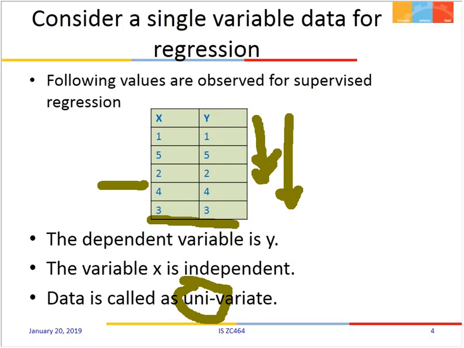So univariate data is the one where we have a single environment variable x, which has its effect on y, right? Had there been more variables like x1, x2, etc., then the data would be called as bivariate or multivariate data.